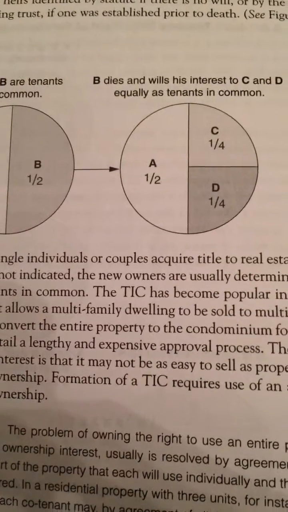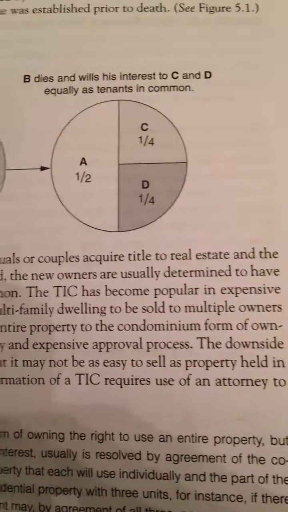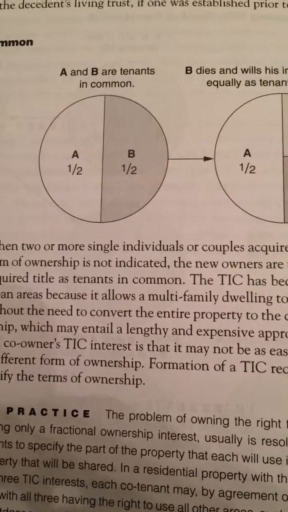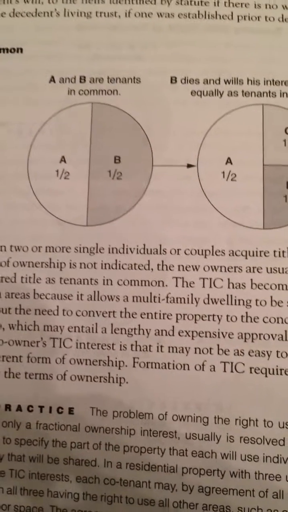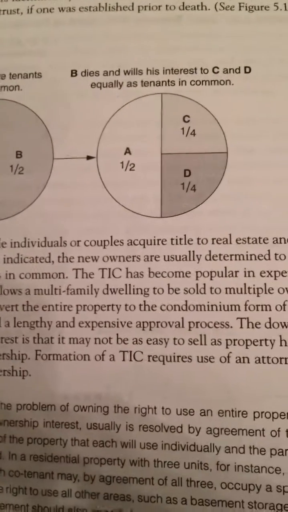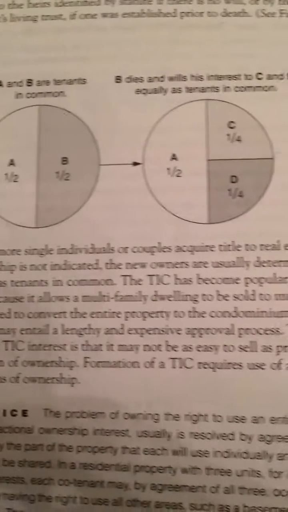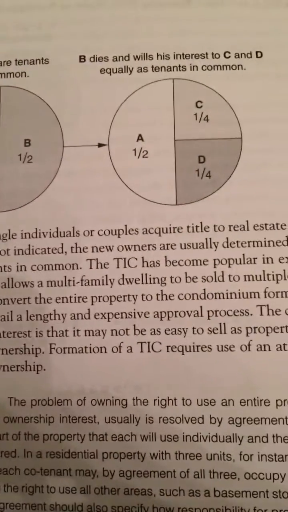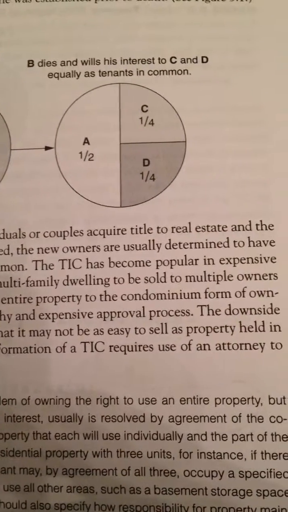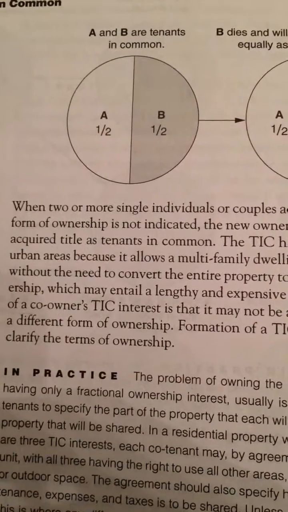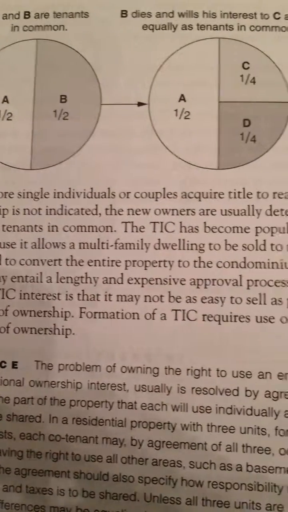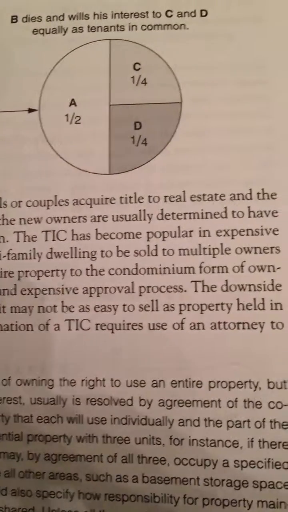The tenancy in common has become popular in expensive urban areas because it allows a multi-family dwelling to be sold to multiple owners without the need to convert the entire property to the condominium form of ownership, which may entail a lengthy and expensive approval process.